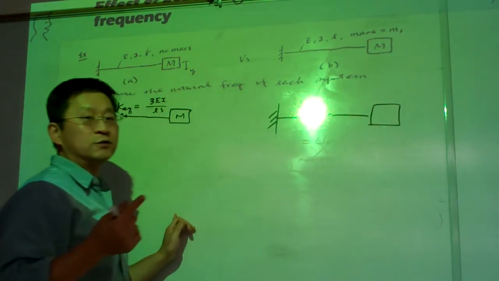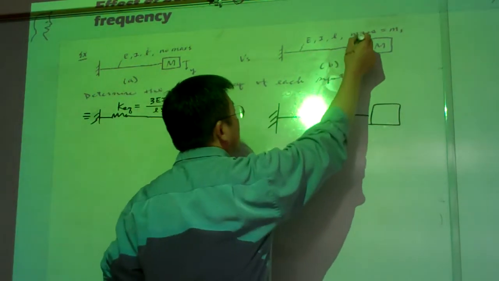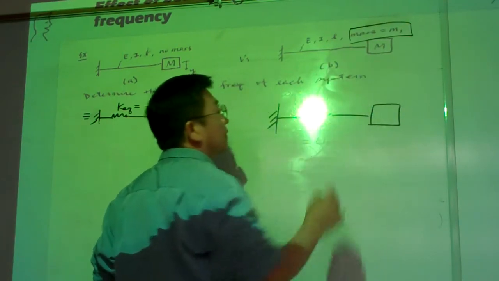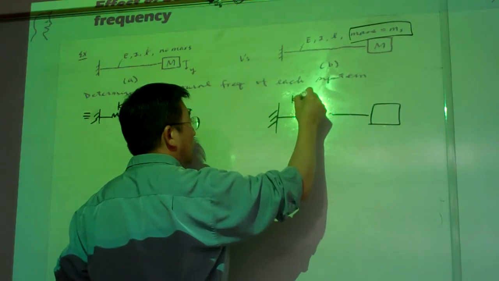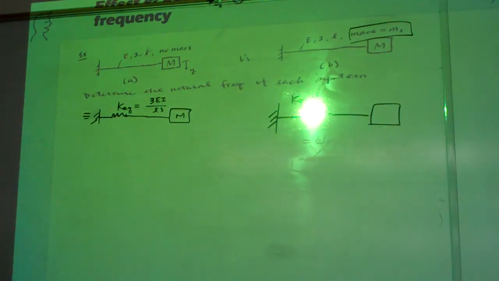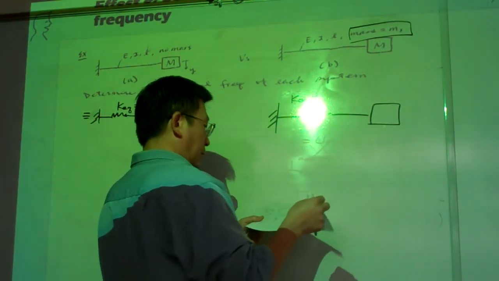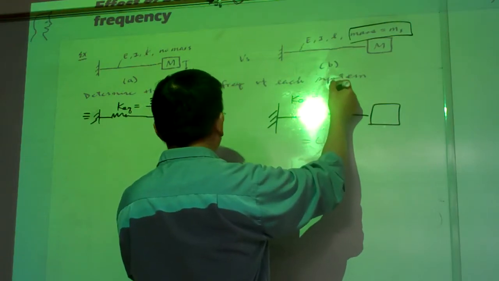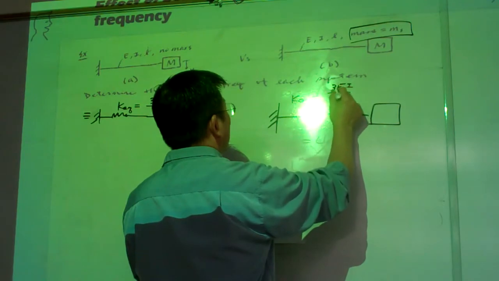But if you remember in our week one lectures, the week after Labor Day, if we consider that the beam has mass, we have one example there, and we have a K_eq including the mass of the spring. The K_eq, again for this case, is the same, 3EI over L^3.